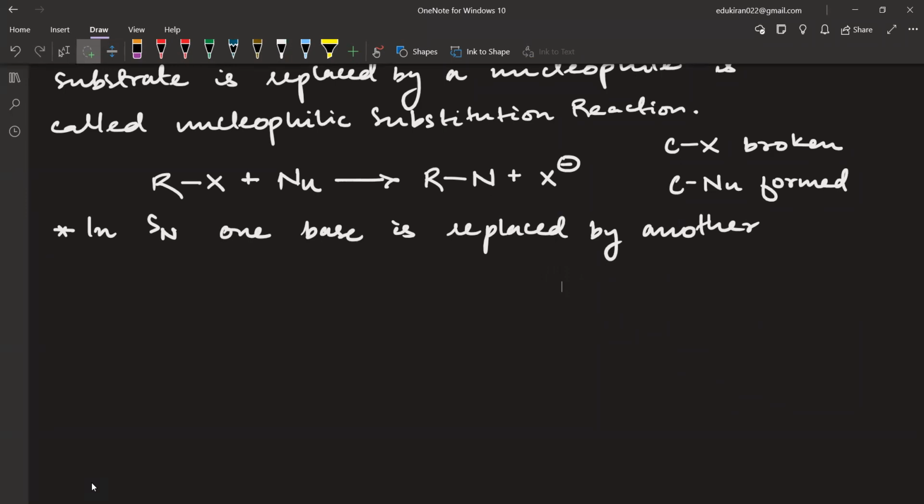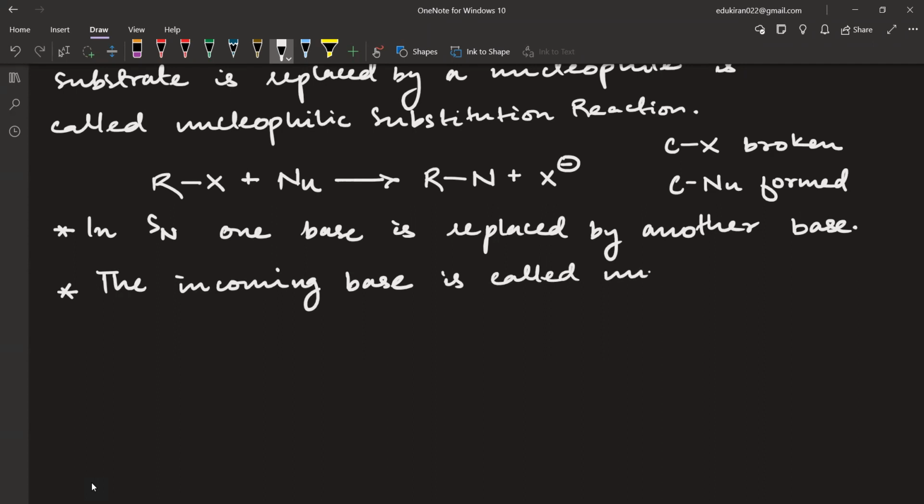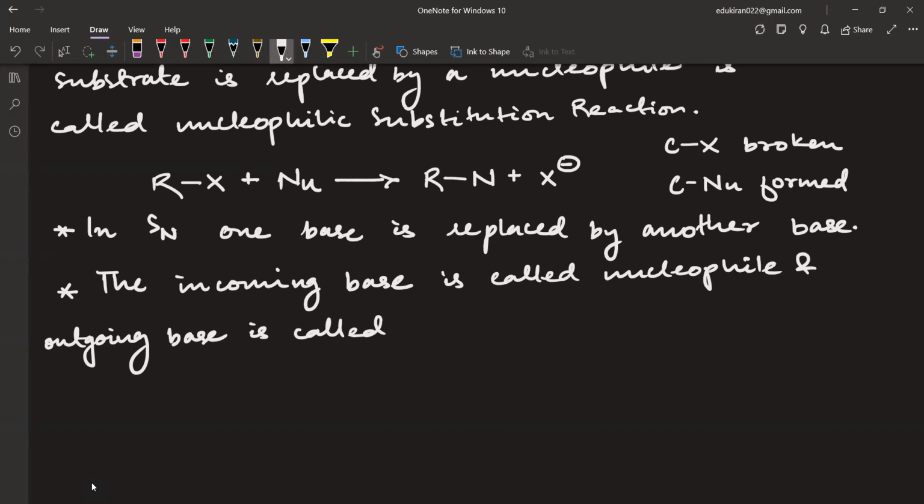Actually, this is the definition of base by Lewis. Next, the incoming base, that means nucleophile, is called nucleophile. And the outgoing base is called leaving group.